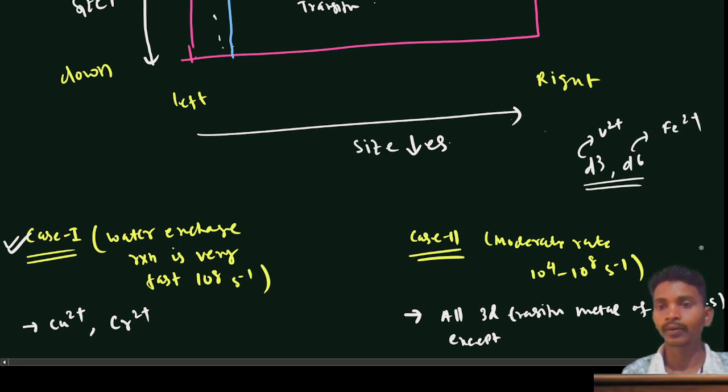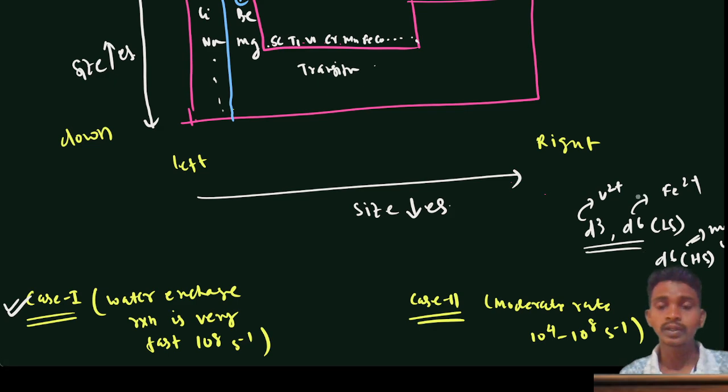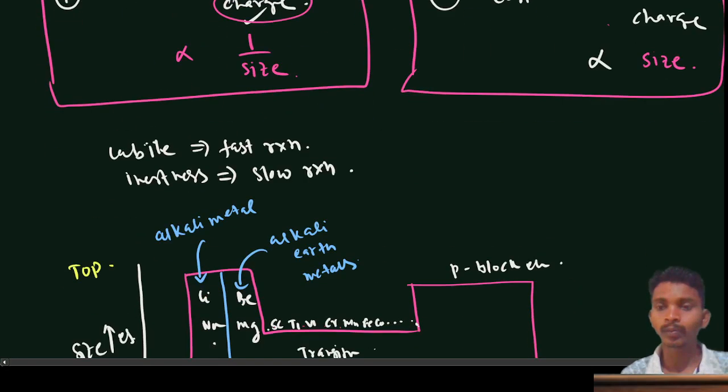These compounds are generally inert if they are low spin, and if they are high spin, d6 high spin is more labile, equal to d1. So this will become more labile, and water is a weak pi ligand, so this will be high spin and so more labile.